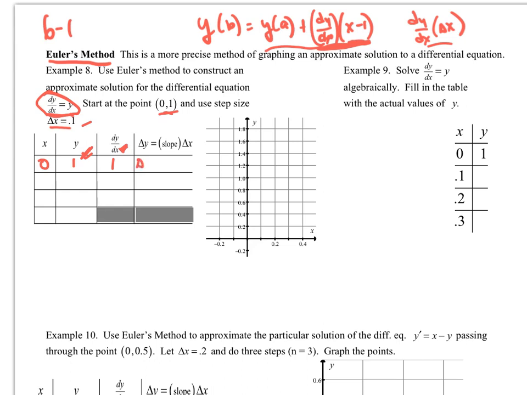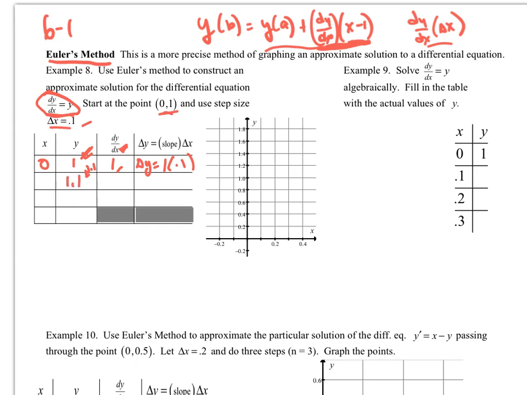So delta y is equal to my slope. My slope is 1, so I get that from here. And then I want to multiply it by our change in x, which would just be 0.1. What do I get? Well, I get 0.1. So that means that I'm going to dial up this 1 by 0.1 to get to my next value.